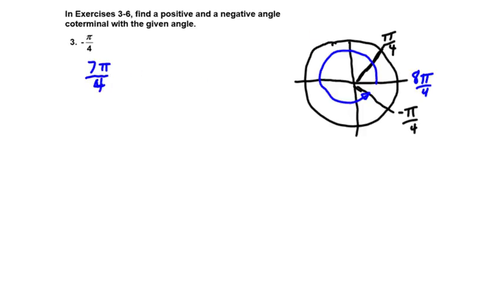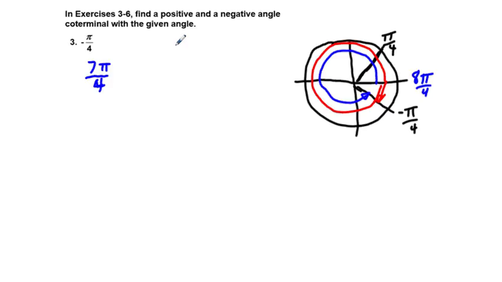Now for our negative angle, what we're going to do is go around clockwise in red. I'm going to go from here, clockwise, and then another pi over 4.